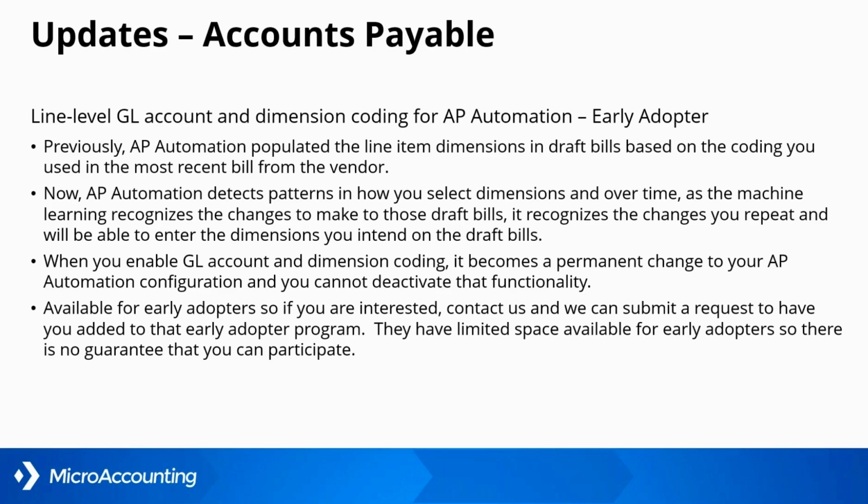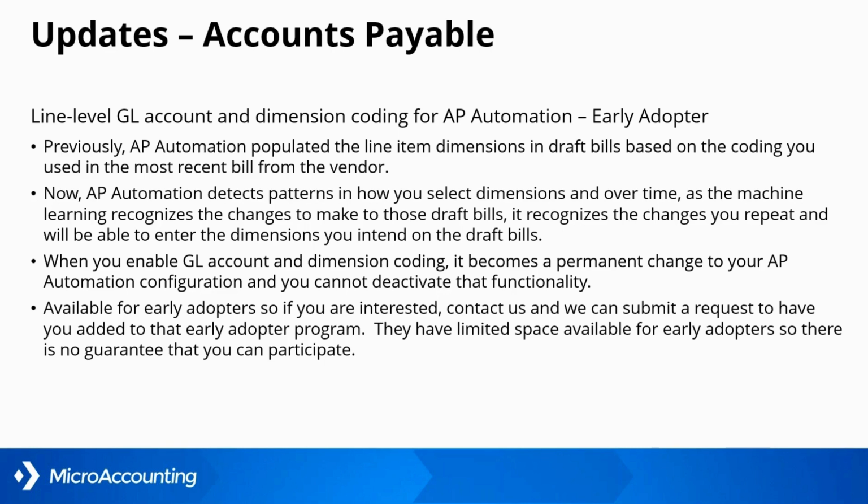So this update relates to AP automation. For those of you who maybe aren't using AP automation yet, that's a fairly new function that allows you to set up either a dedicated email box or a shared location that vendors can email their invoices or AP bills into, or you can email or upload those to that shared location.